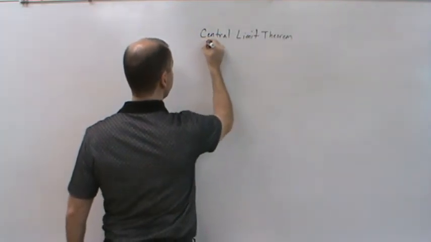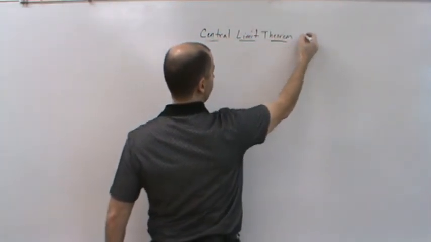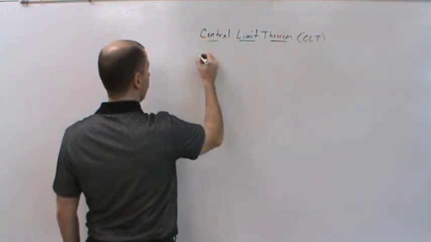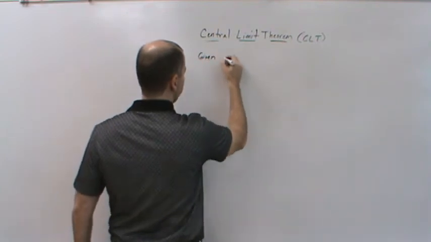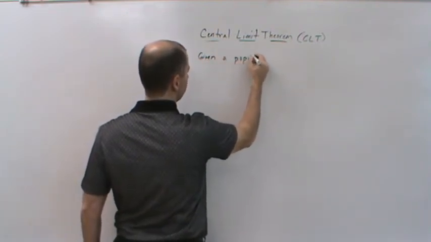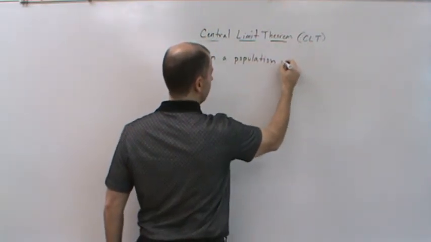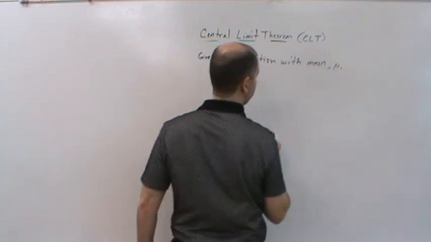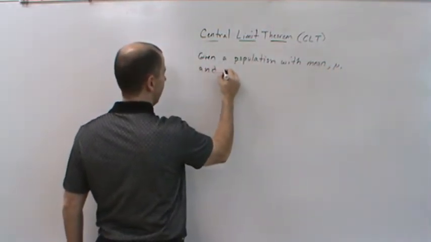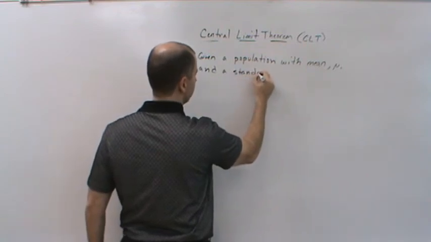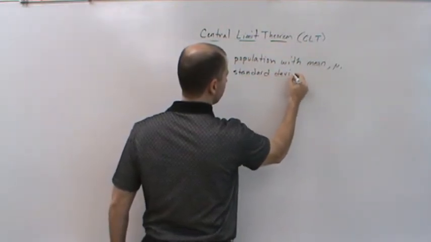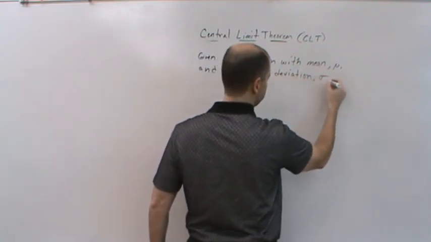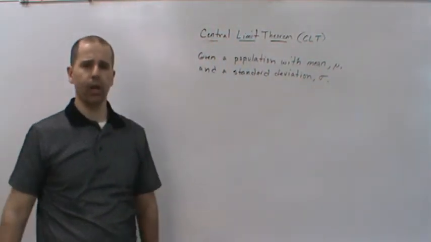So given, and this is shortened to CLT for short, given a population with a mean of mu and a standard deviation sigma. Okay, so that's what we have.